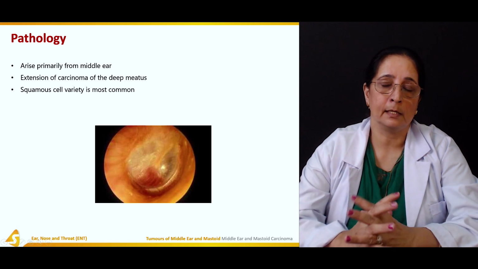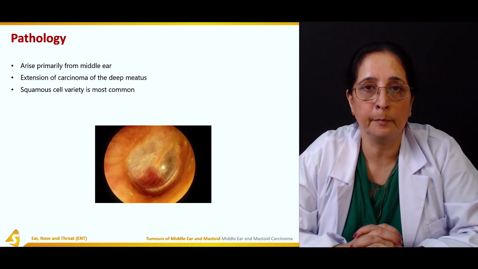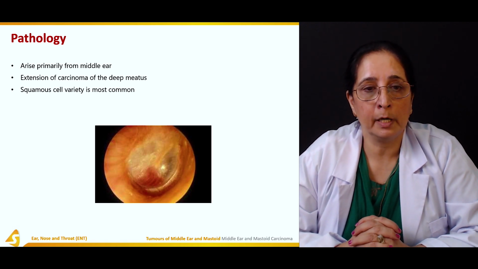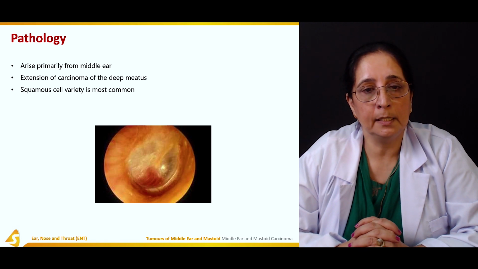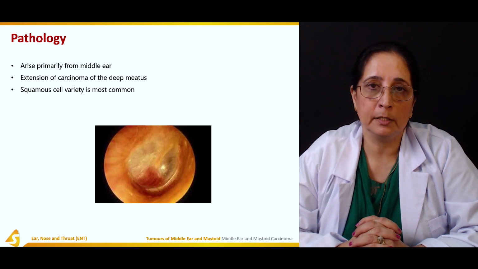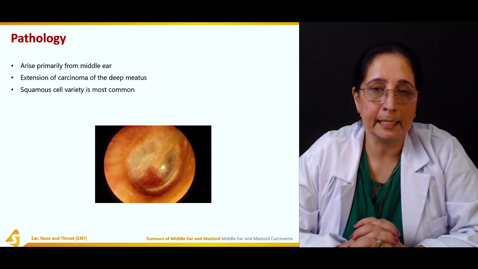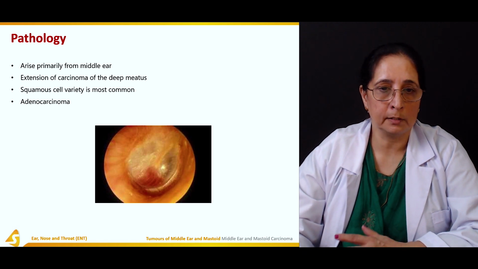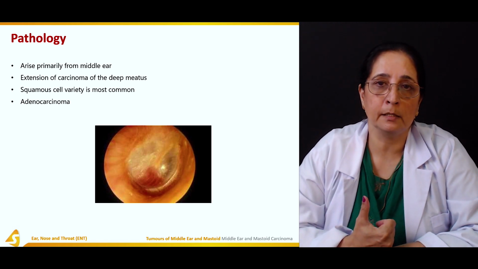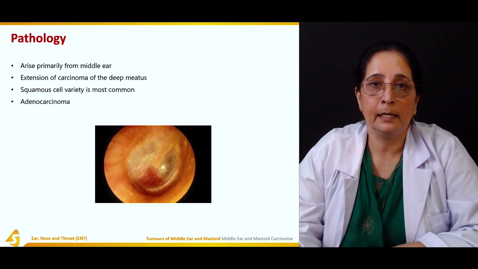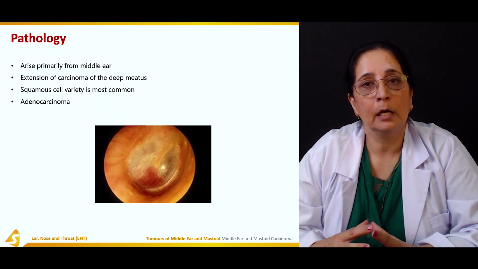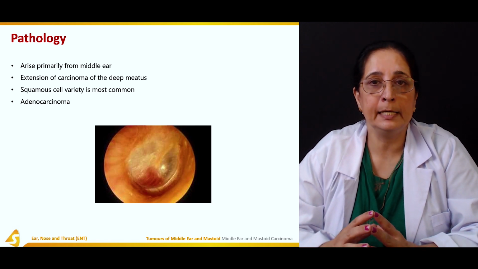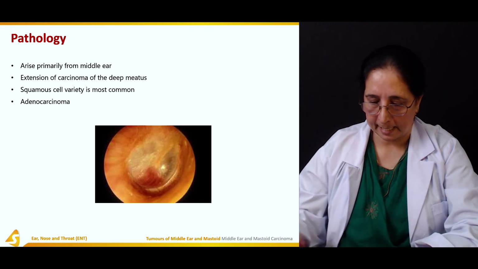So squamous carcinoma is the most common type of carcinoma of the middle ear and mastoid, arising from the middle ear and its extension of carcinoma of the deep meatus. Adenocarcinoma is also present. So squamous cell is the most common, and then it can be adenocarcinoma. Adeno is the carcinoma from the glandular tissue. Adeno is the term for the glands.